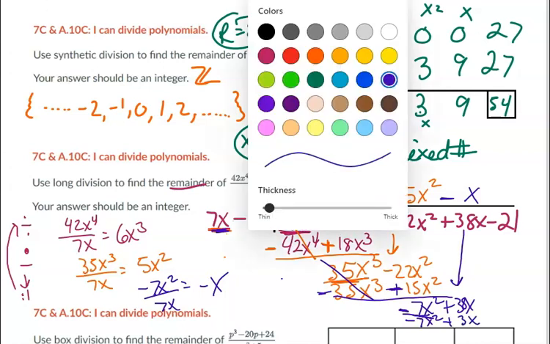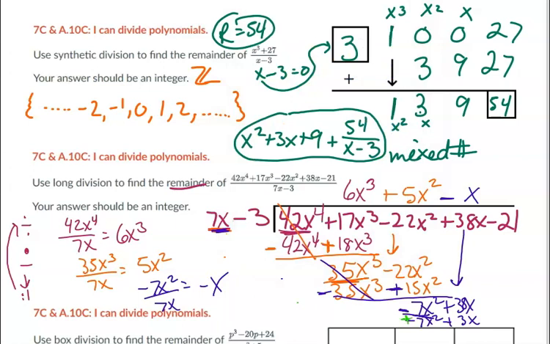And then when we subtract, we're going to change the signs of all of them. So this is going to become a plus. This becomes a minus. Those cancel. And this will become 35x. Bring down the minus 21.